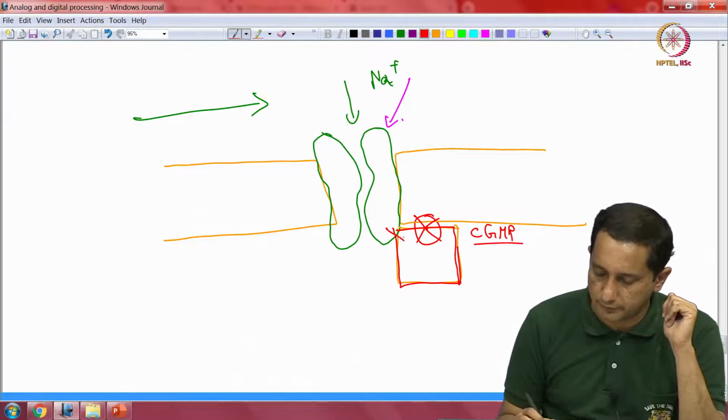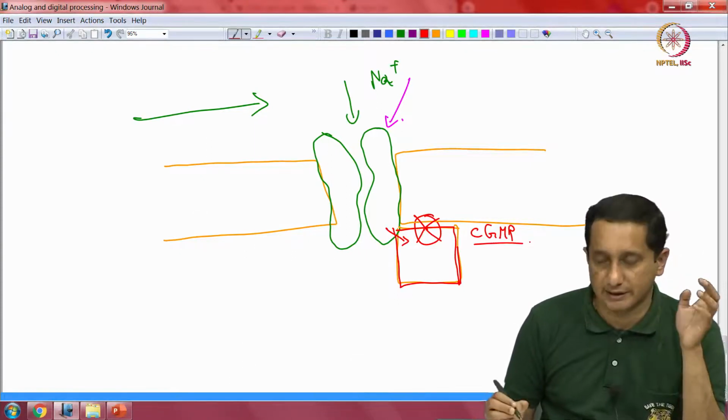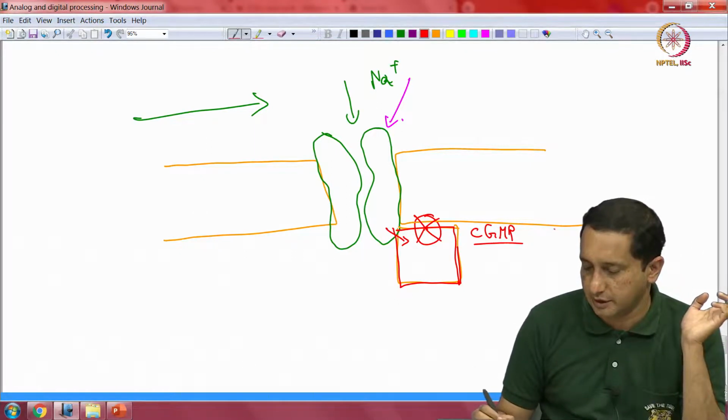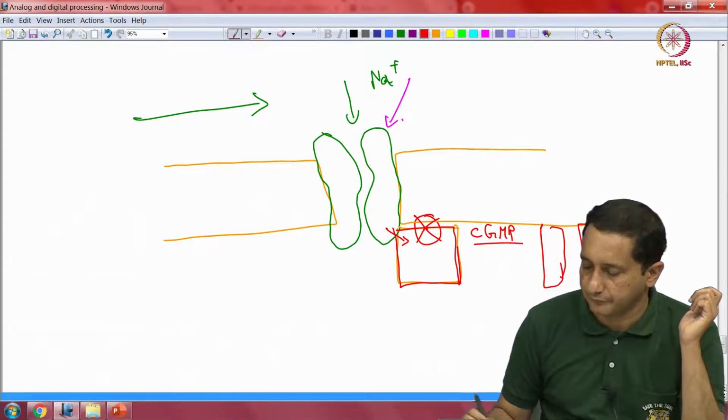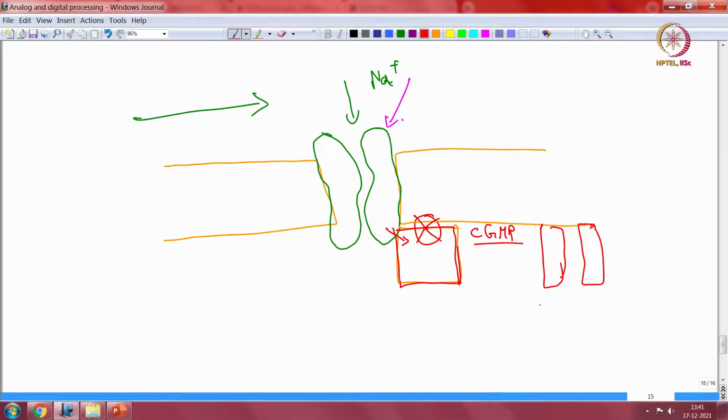There is a conformational change by which cyclic GMP gets released. It further causes binding to distal proteins on the cell membrane, which in turn converts an important molecule, ATP, into cyclic AMP.